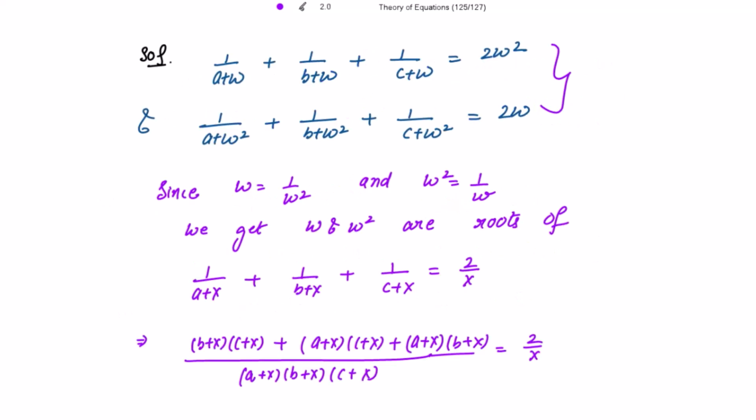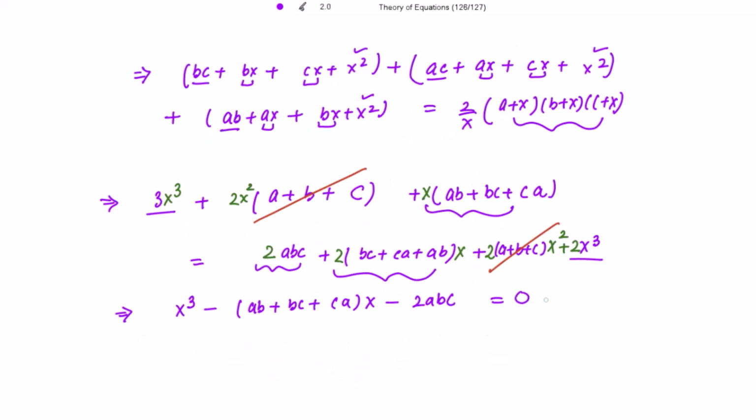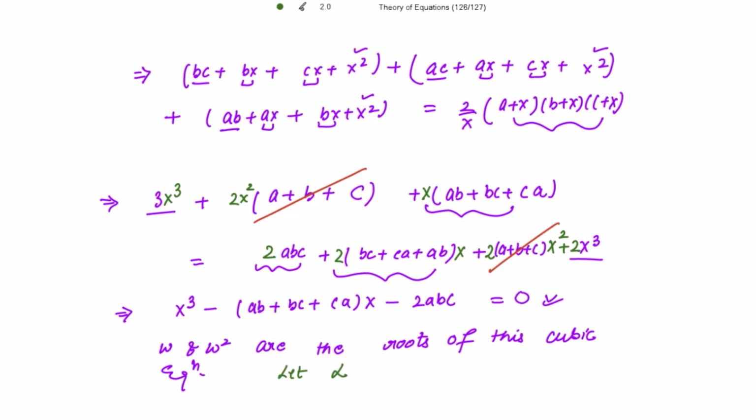As we said earlier, omega and omega square are the roots of this equation, and on simplifying it we get a cubic equation. That means omega and omega square are the roots of this cubic equation. Because it is a cubic equation, there must be one more root. Let me name that root alpha, the third root of this equation.